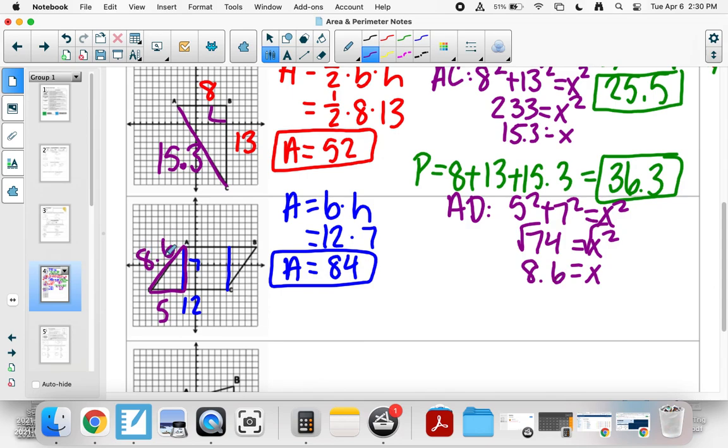So then how do I find the perimeter? Remember, you don't want it of your triangle, you want it of the parallelogram. What are the side lengths of my parallelogram?